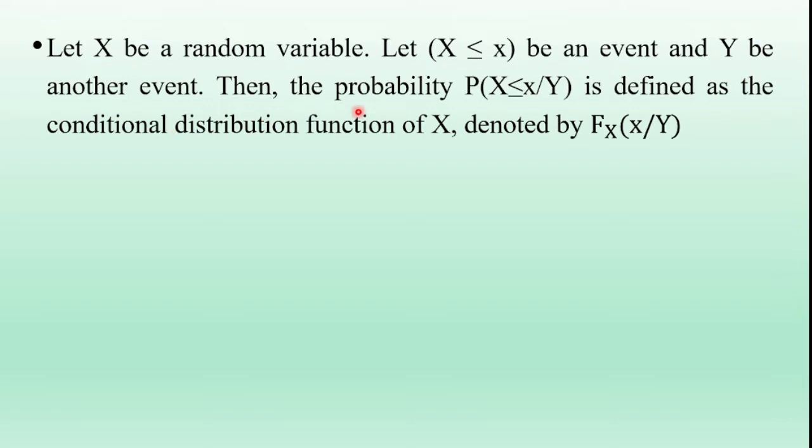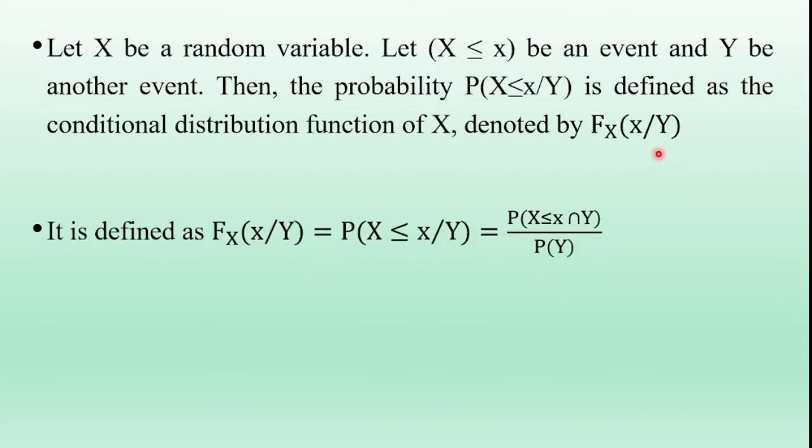Then the probability P of X less than or equal to x by Y is defined as the conditional distribution function of the random variable X, and it is denoted by capital Fx of x by Y. Mathematically, it is given by Fx of x by Y equal to P of X less than or equal to x by Y, equal to P of X less than or equal to x intersection Y by P of Y. And this is the symbolical representation of the conditional distribution function of the random variable.